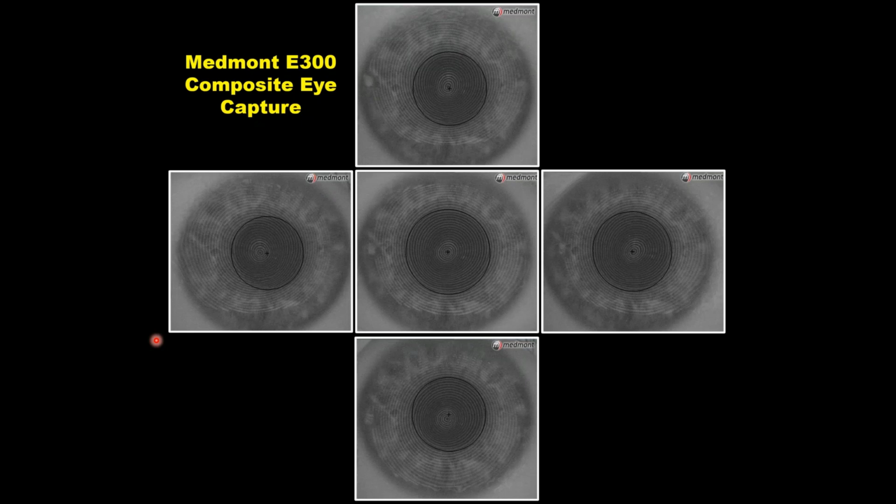And as all of you know, using the composite, what it does is gives us a different fixation point so that we can push the rings far out to the periphery of the cornea. We're not only getting data centrally, but we're getting these data points to stretch all the way out to the temporal side, superior, nasal, inferior.